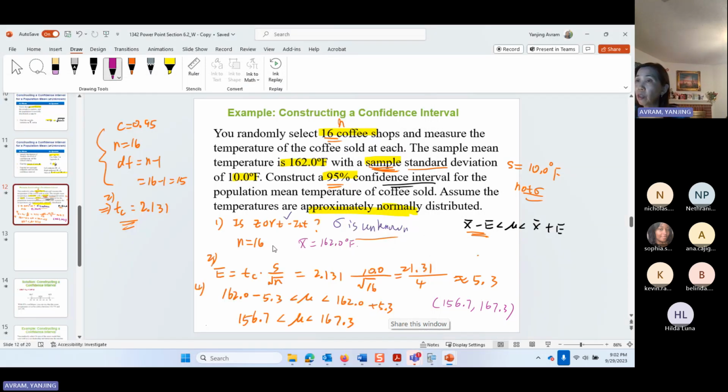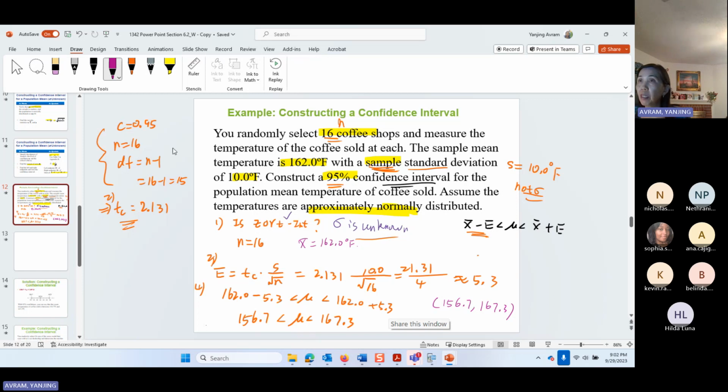And the reason I want to show you step by step here is sometimes it might not ask you for the entire interval, right? Sometimes it just asks you to read a critical value. Can you read this critical value? And the answer will be yes. This is just reading the table, right? Just make sure you have df equal to n minus 1, okay?